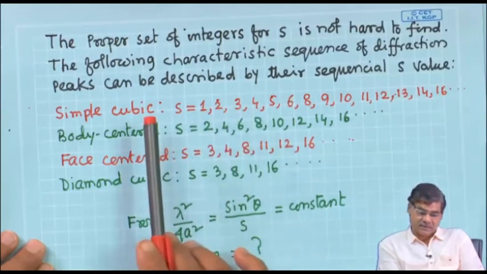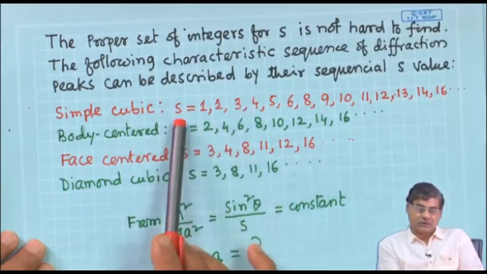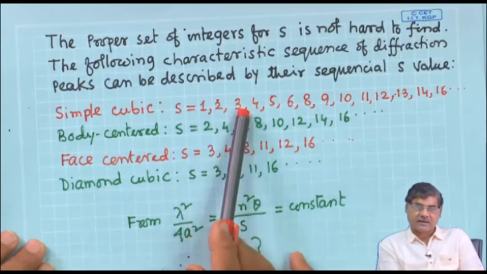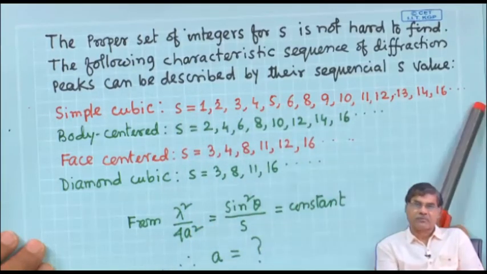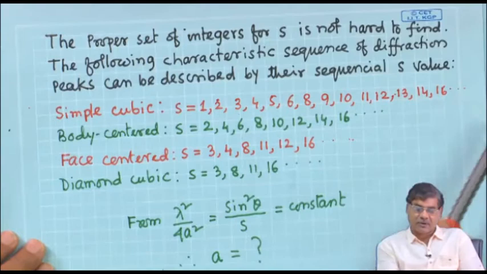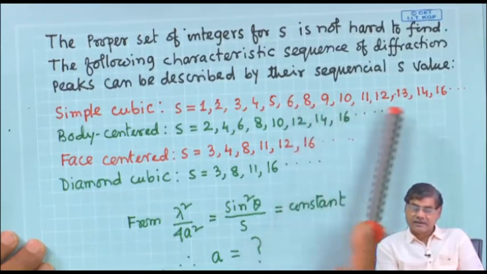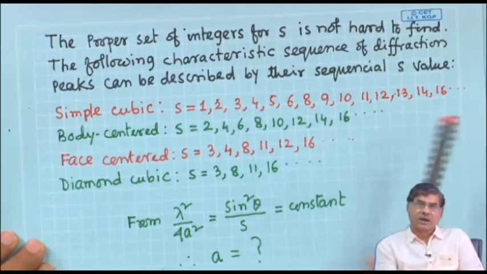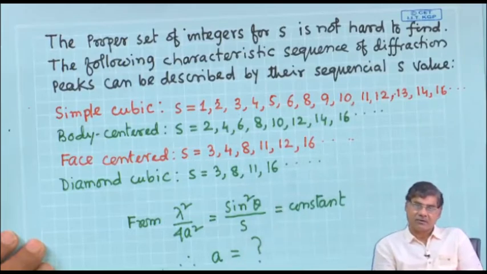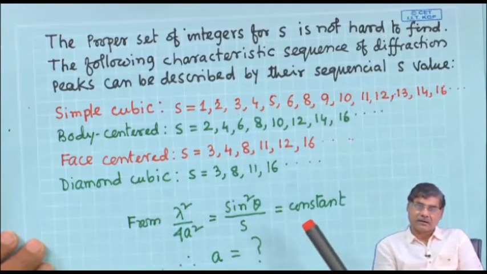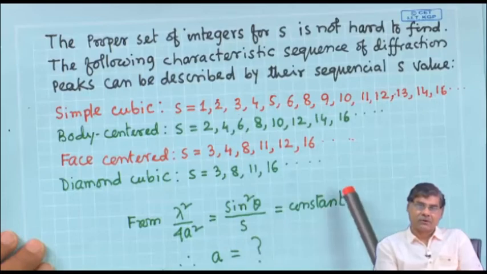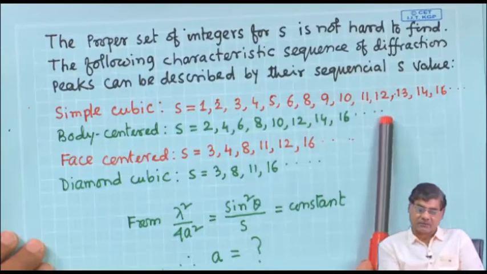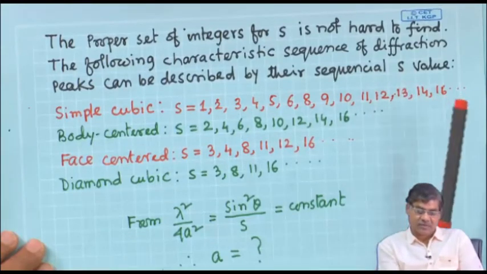If it is simple cubic, the first peak has S equal to 1, second peak S equal to 2, third peak S equal to 3. For all values of S it will be satisfied, only 7 and 15 are missing, because for these numbers you cannot get any set of HKL values. S value is H square plus K square plus L square.